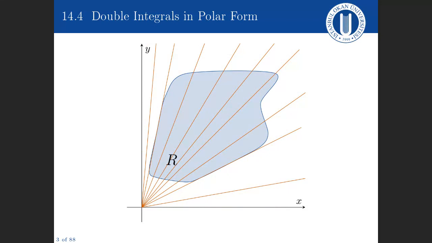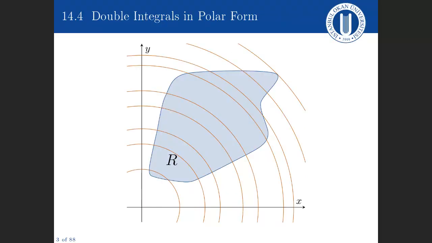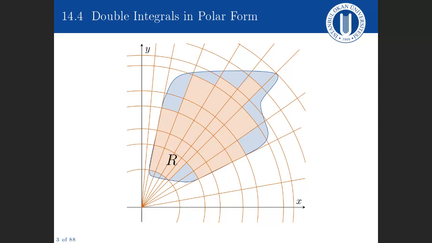So let's suppose we have some rays starting at the origin, and let's suppose we have some circles about the origin. We're going to use this to cut our region R up into lots of little pieces. And we're only interested in the pieces which are completely contained inside R. On each one of these pieces, we're going to draw a column.